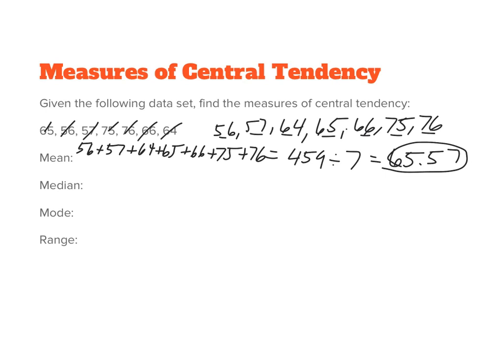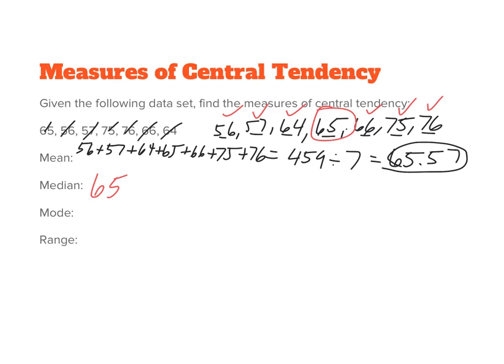Okay. Now for the median, I've got them in order, so I'm going to check off one from each side until I get to the middle. So check off 56 and 76, 57 and 75, 64 and 66. I'm left with 65, so my median is 65.